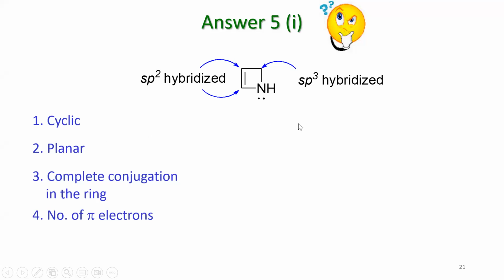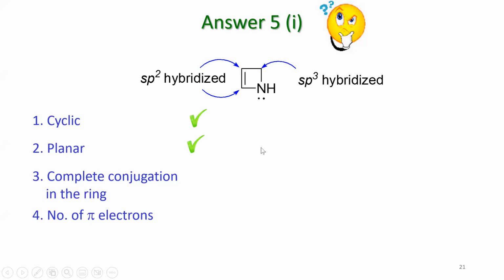It is a cyclic structure, correct? Is it planar? When you make a model with stick and ball models, you get a planar structure with 4, 5, 6, 7 up to 8 members. They are planar, almost planar, right? Even 8-membered rings give a planar structure.